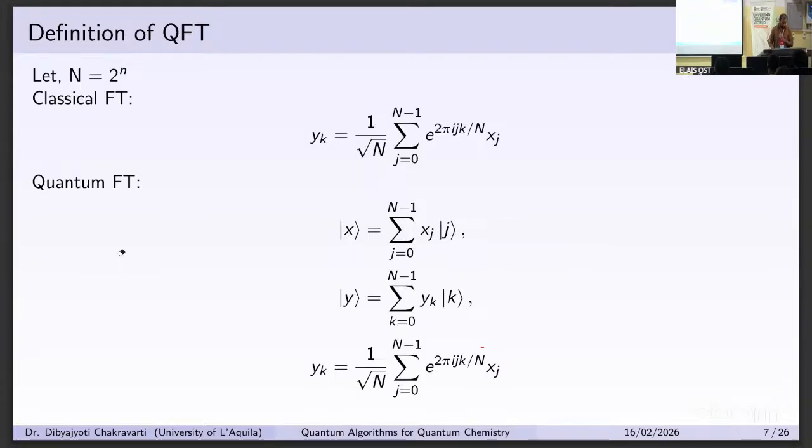And this is the general structure of the Fourier transform, the relation between the variables in one basis and another.